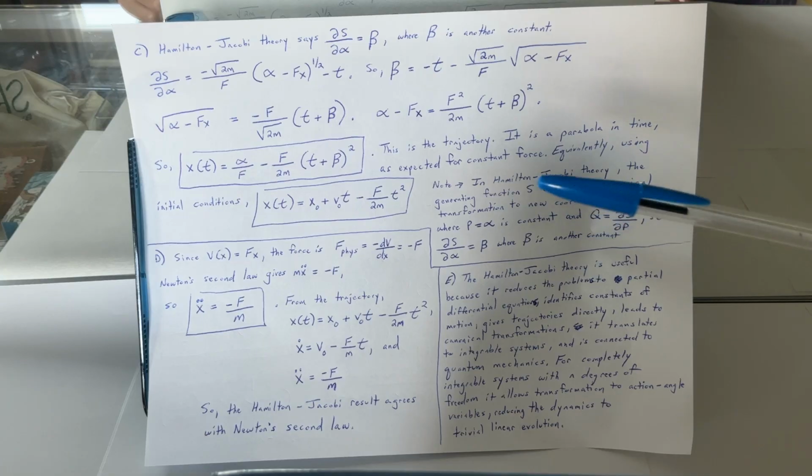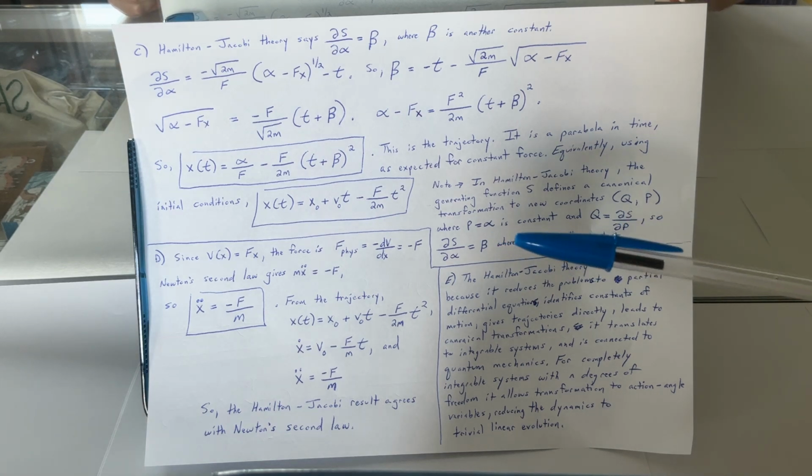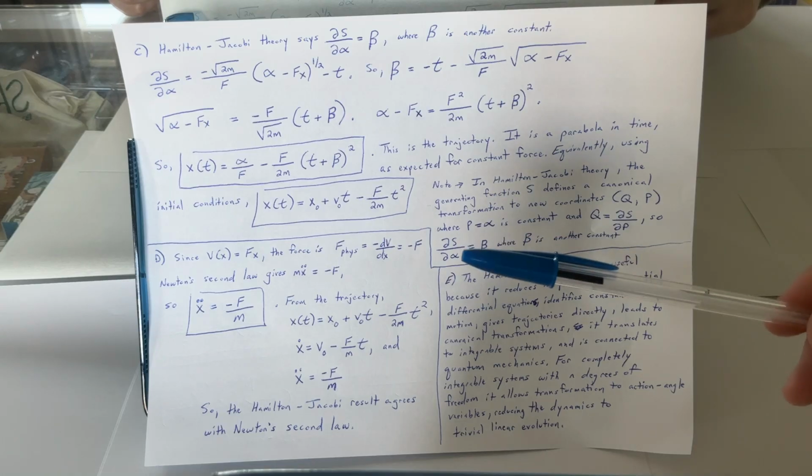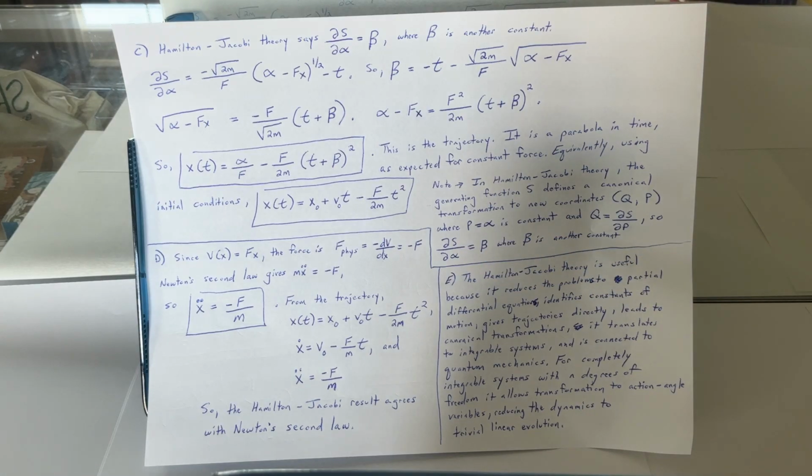A note here: in Hamilton-Jacobi theory, the generating function S defines a canonical transformation to new coordinates (Q, P), where P = α is constant and Q = ∂S/∂P. So ∂S/∂α = β, where β is another constant.